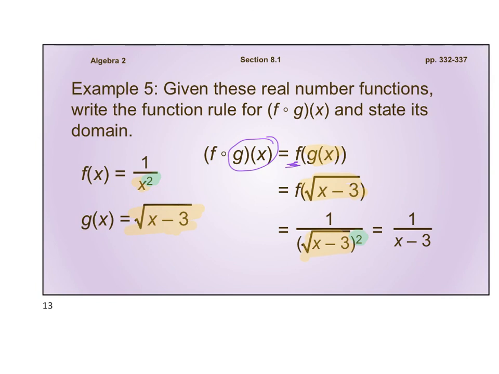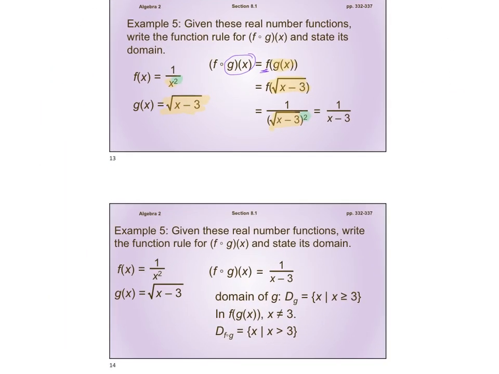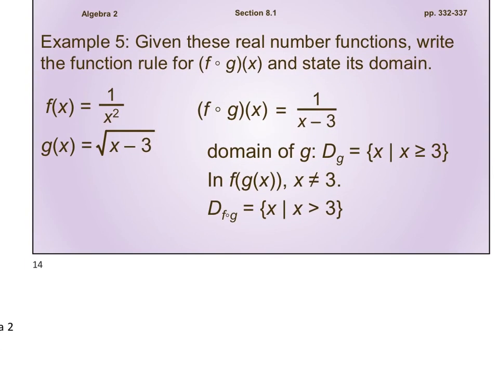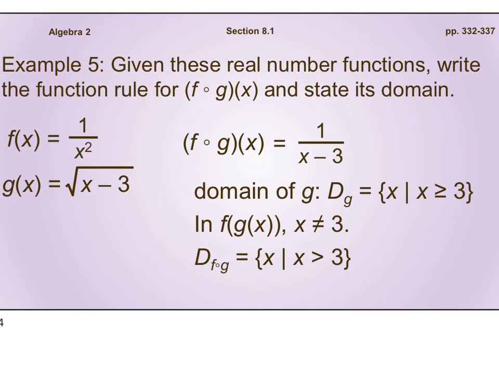Okay, now we also have to state its domain. Yes. Okay, so here's our equation right here. This is our function that we're working on. Now, what is its domain?